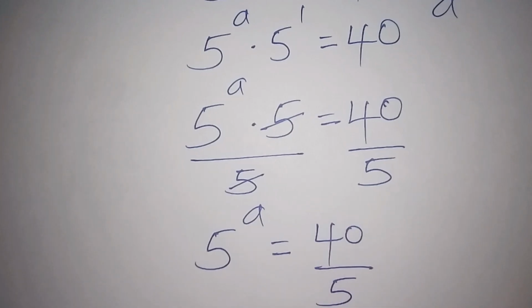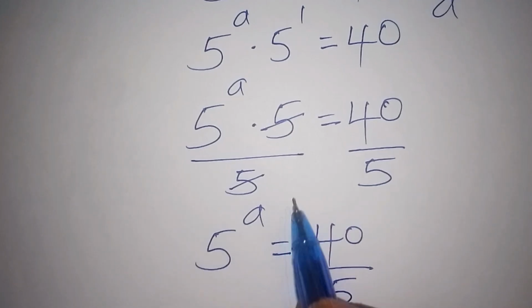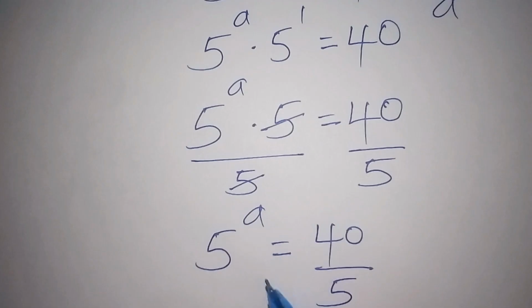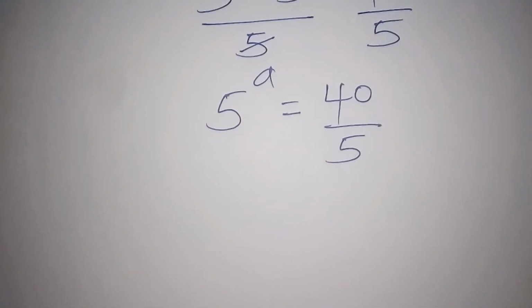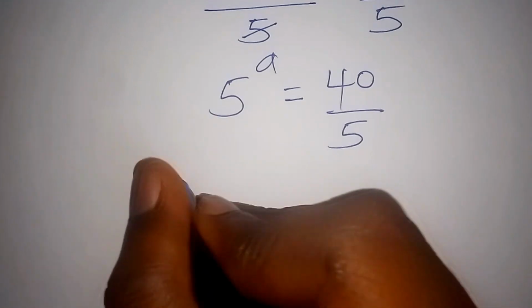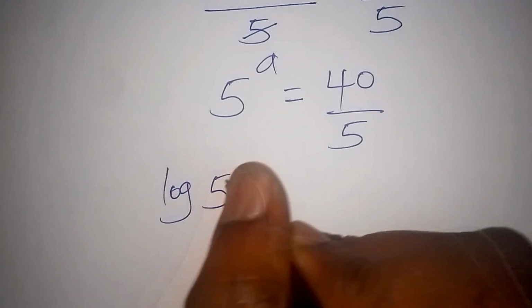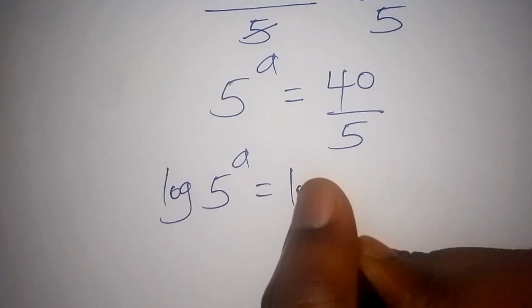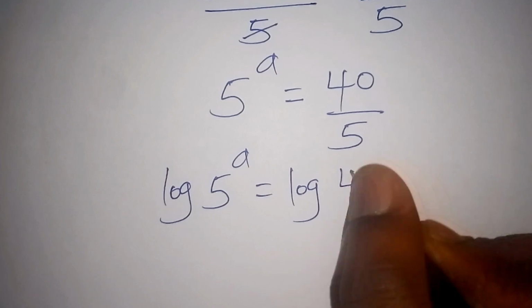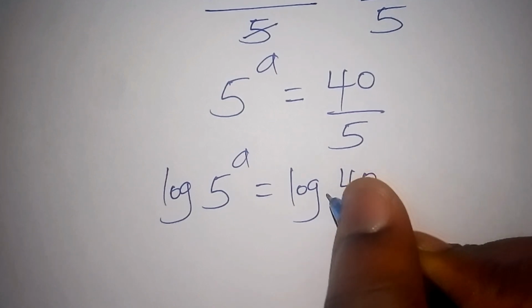Now how do we find the value for a? Because we still see a is here. The best thing that we shall do is introduce the log on both sides. So we shall have the log of 5 to the power of a is equal to the log of 40 all over 5.